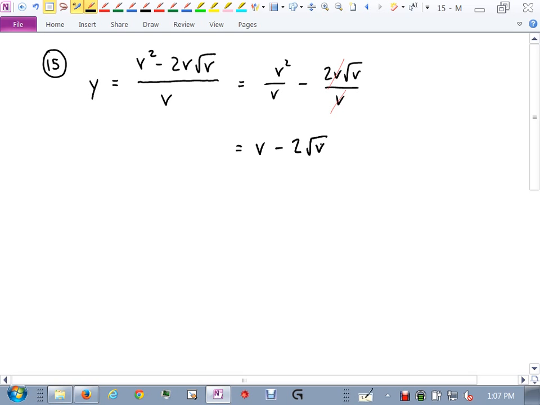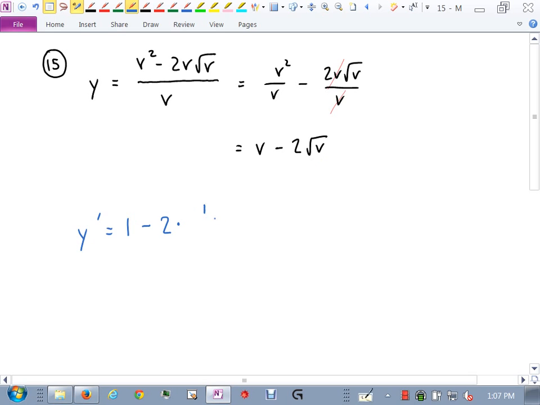And now I can differentiate term by term because I have 2 terms, right? So my derivative will be the derivative of v, which is 1, minus, now the constant just stays, times the derivative of the square root of v. And remember I told you that's one of those ones that you want to try and get hardwired in there?